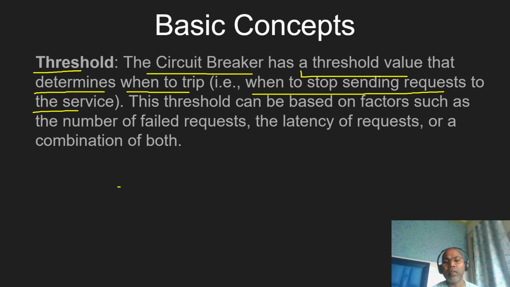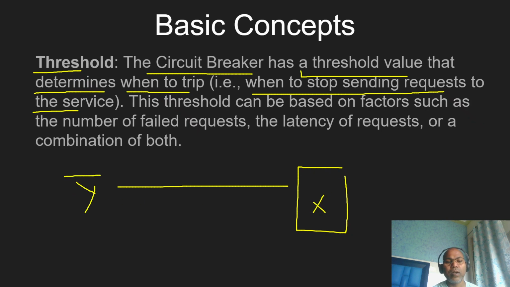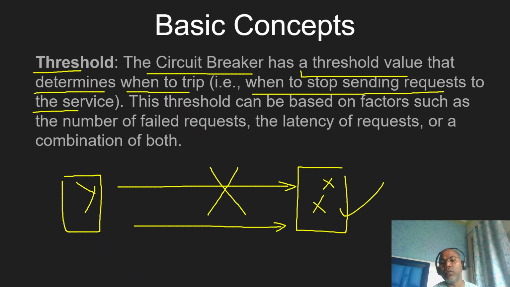So here the request goes from microservice X to microservice Y. When we decide that if some problem happens, we have to stop this request, and once the problem is recovered, we allow this microservice to receive requests again.